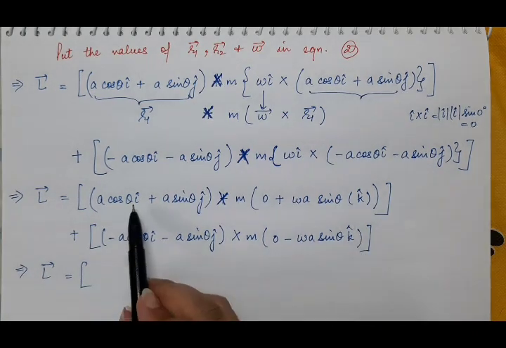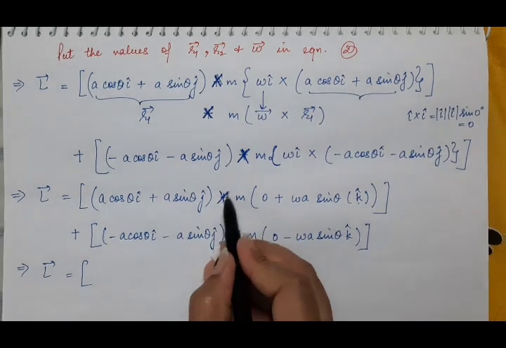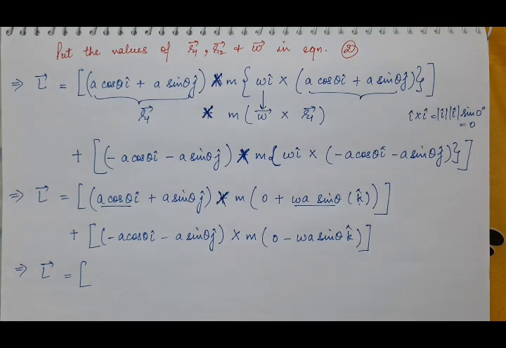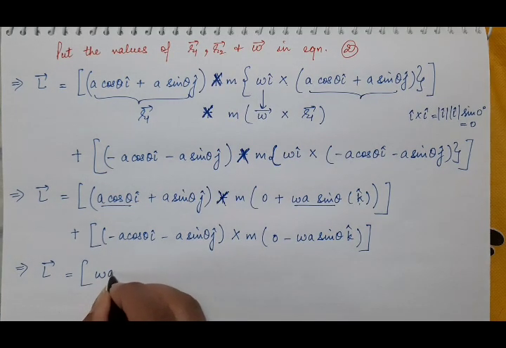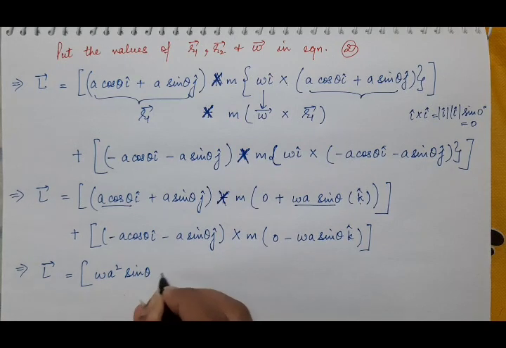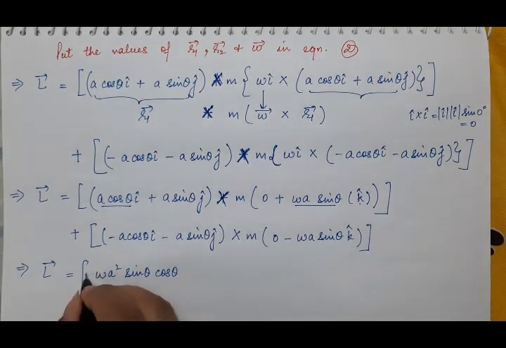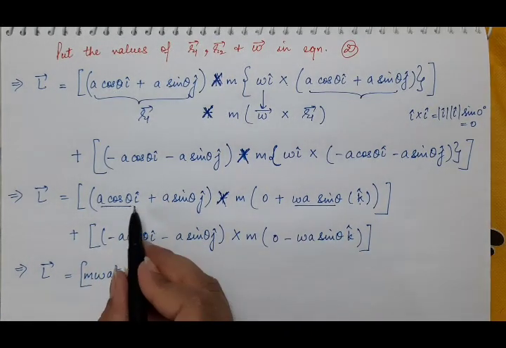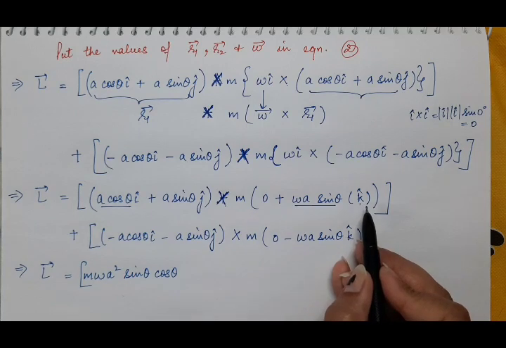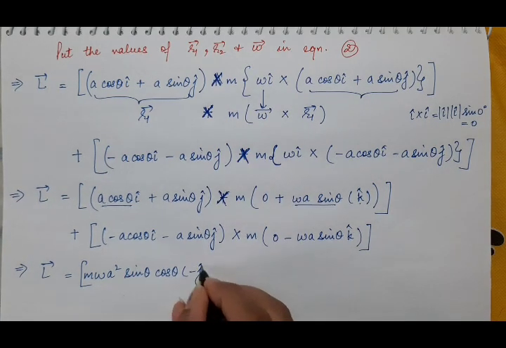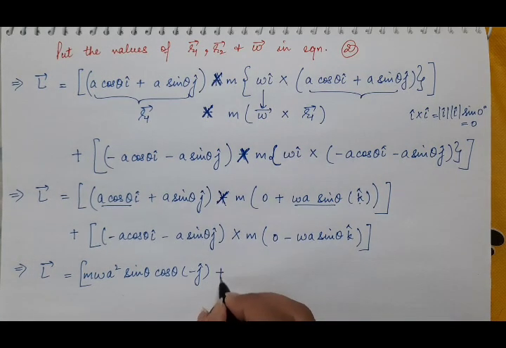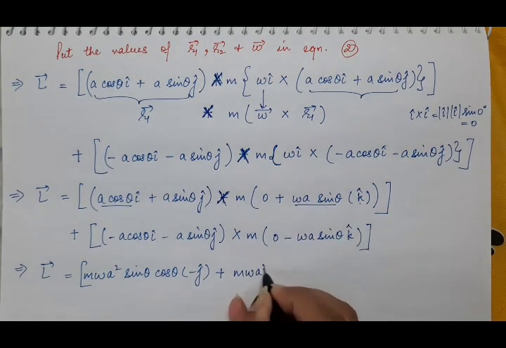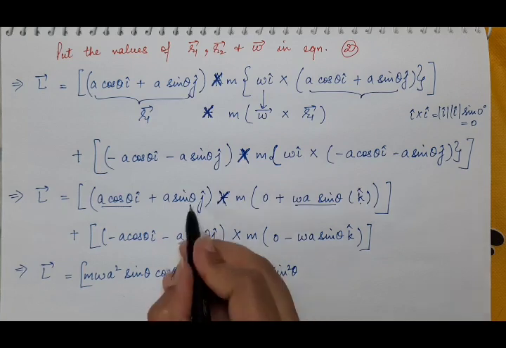How? Here we will have i cross k. This is the cross product, and this one is the magnitude part. So write it here: it will be omega a square sin theta cos theta into this m, m omega a square sin theta cos theta. I cross k is minus j, so minus j cap. Now plus m omega a square sin square theta into j cross k.